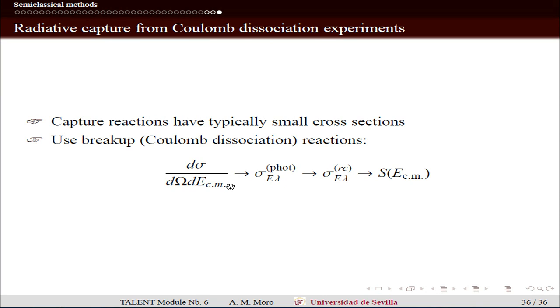So by using detailed balance, you relate this quantity with the radiative capture, and from the radiative capture you extract the astrophysical factor. So you can infer information on this astrophysical factor by measuring Coulomb dissociation of, in this case, for example, fluorine-17 on some target, breaking up in the Coulomb potential of the target, and from this cross section, assuming that all these steps are valid, one can hope to extract information on the astrophysical factor. So this is an alternative way of getting information.